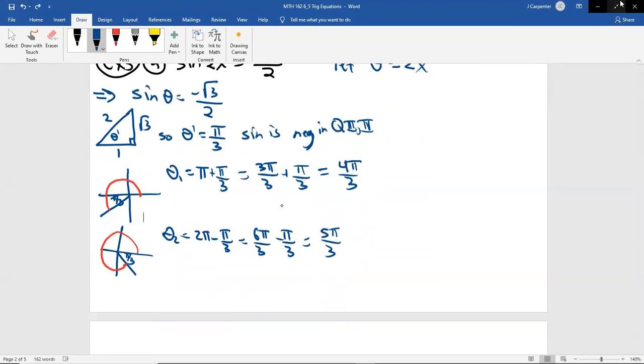So now what we can say, putting all of that together, is that our theta solutions are 4 pi over 3 plus, since sine has a period of 2 pi, adding 2 n pi, or it can be 5 pi over 3 plus 2 n pi.